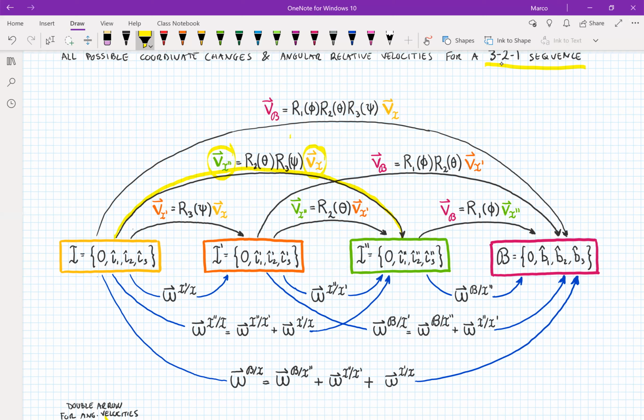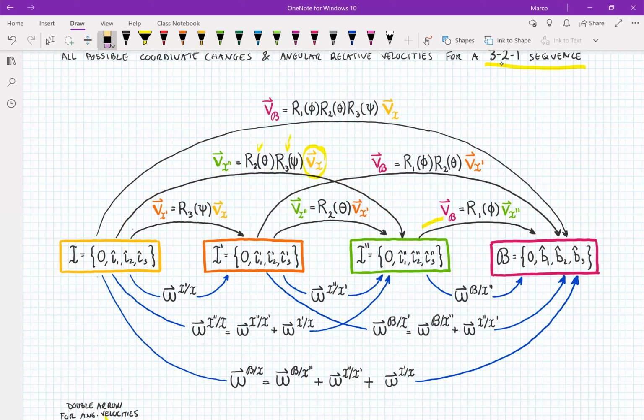So we have first R3 and then R2. Remember that we're reading from right to left. Logically, that would make sense. And then, of course, if we want to go from I double prime to B, we still have the rotation that we described earlier.